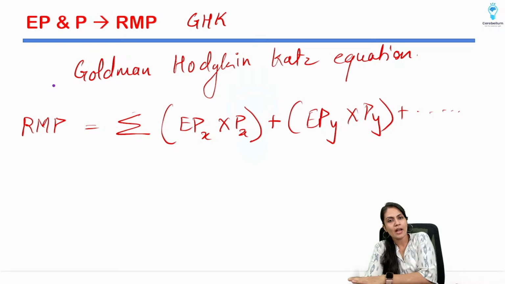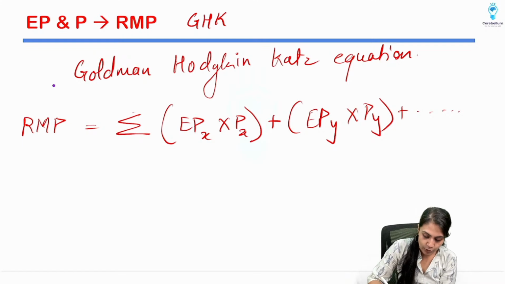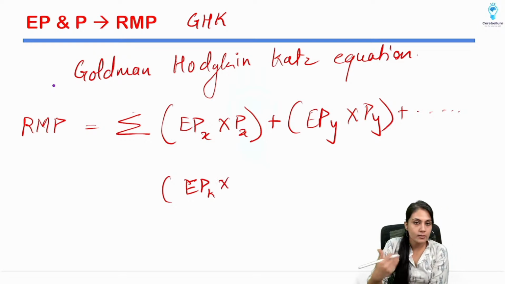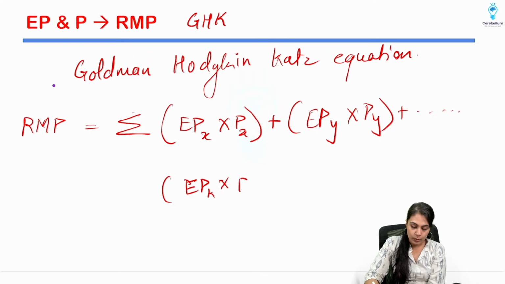However many ions you have, you can add them up. Okay, if I wrote over here that X is potassium, then definitely the equilibrium potential of potassium is going to be there, and into 1, that is the fully permeable ion. So that is why I am going to write the permeability of potassium over here.